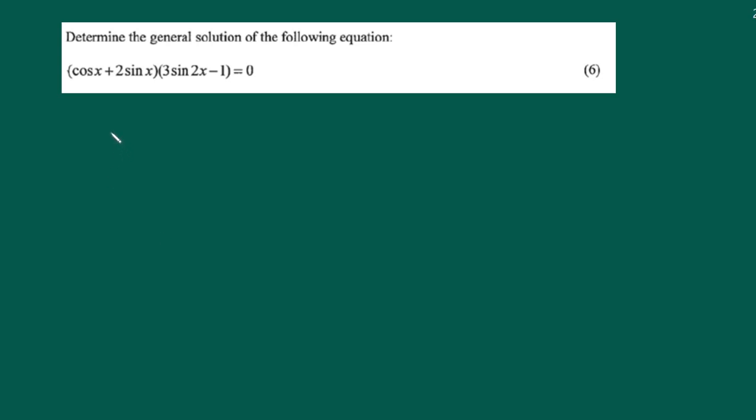Compound angles. We say cos x plus 2 sin x is equal to 0, or 3 sin 2x minus 1 is equal to 0. Then you go to this one. You take cos x to the left-hand side and say 2 sin x, so cos x is equal to negative 2 sin x.